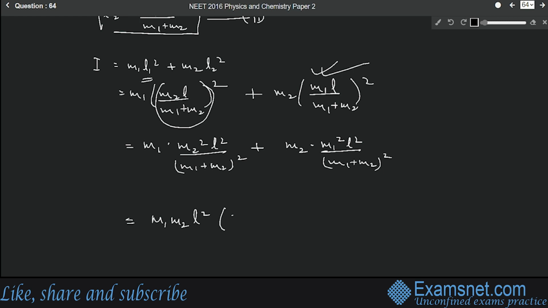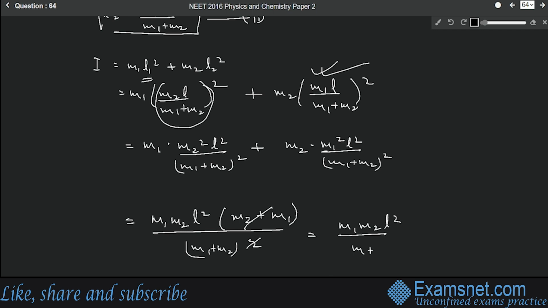So what will be left here? m2 plus, on this side, m1. Okay. And on the denominator side we have m1 plus m2 whole square. So m2 plus m1 and m1 plus m2 are the same thing, right? So this will be cancelled out. Okay, the square will cancel. So what will be left? m1 m2 L square upon m1 plus m2. Okay, so this is the moment of inertia. m1 into m2 into L square upon m1 plus m2.